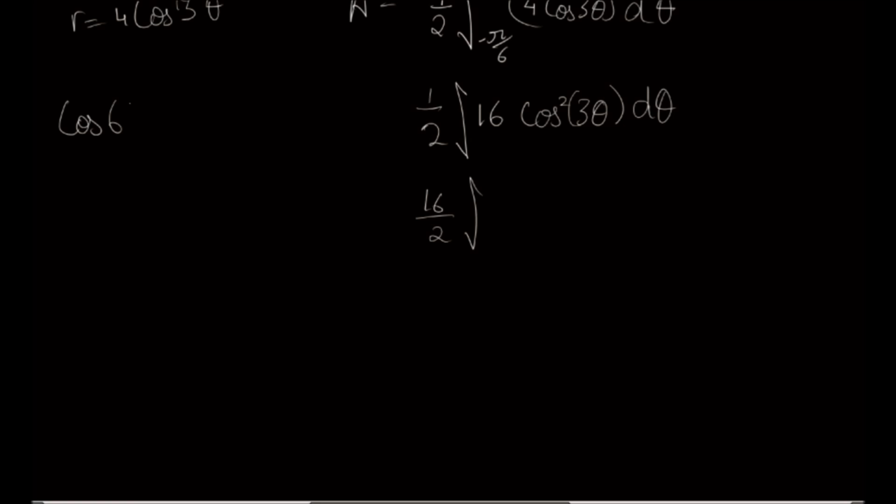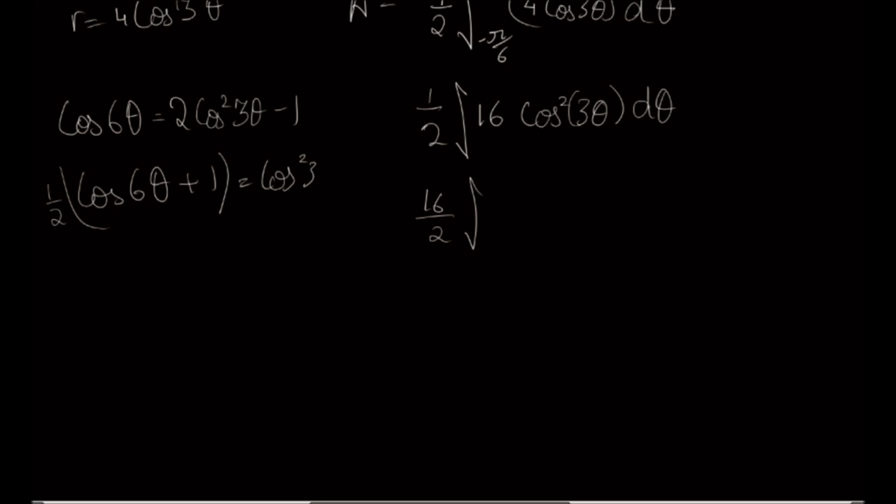And after that, the identity that I use to solve that is cosine 2 theta equals 2 cosine squared theta minus 1. And since we have cosine squared 3 theta, the equation is going to change to cosine 6 theta equals 2 cosine squared 3 theta minus 1. And you basically take the value that you got for cosine squared 3 theta and then you plug it in. So it's easier to find the integral.